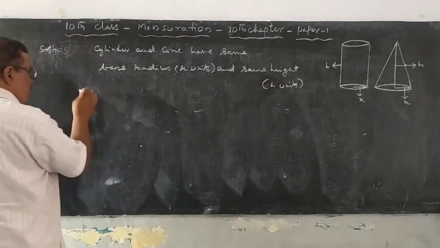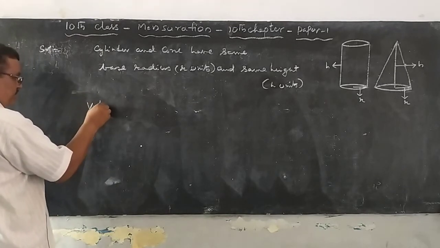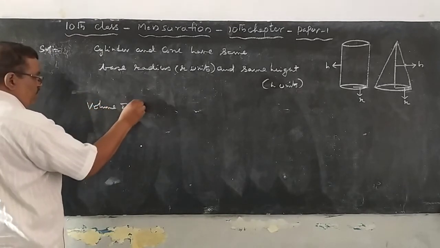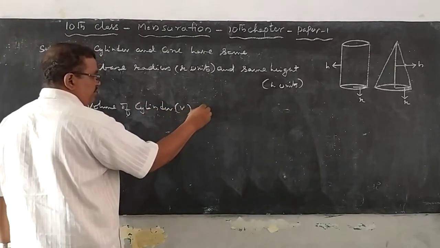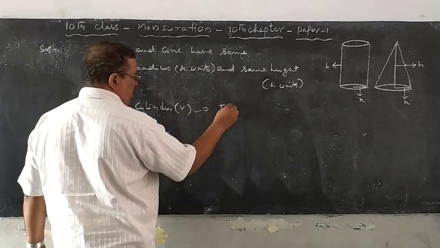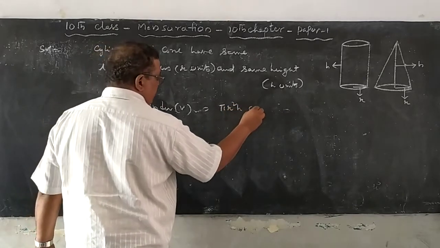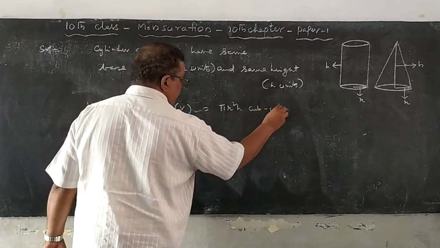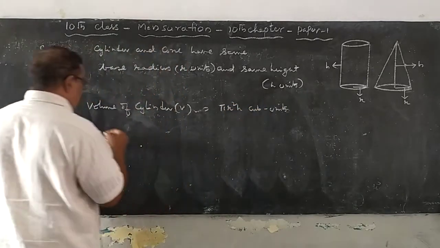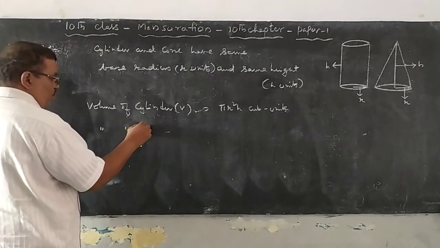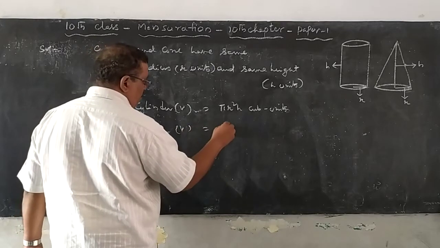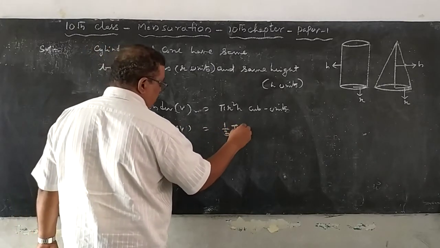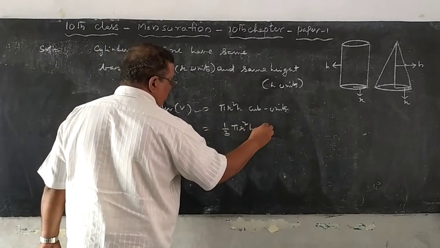Now find the volume of the cylinder. Volume of cylinder formula V is equal to pi r square h cubic units. Similarly, volume of cone formula V is equal to 1 by 3 pi r square h cubic units.